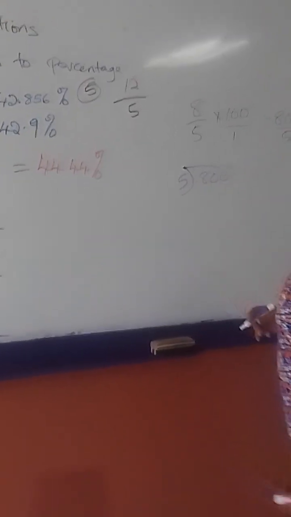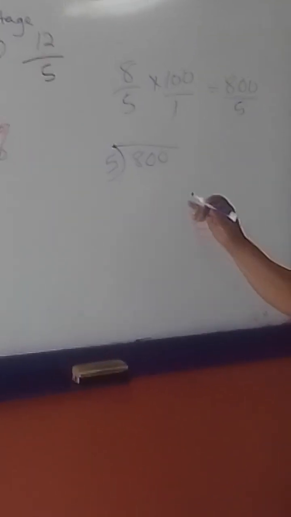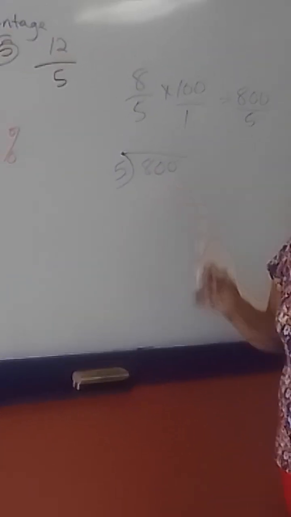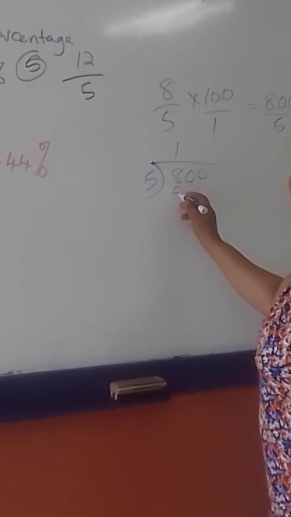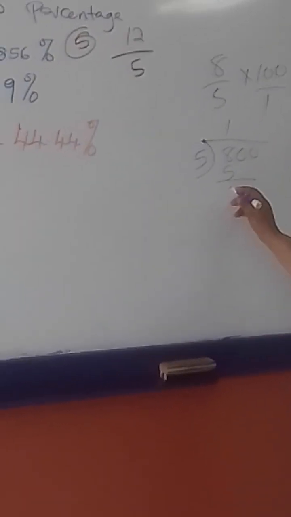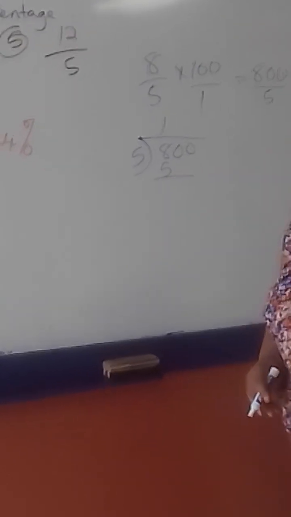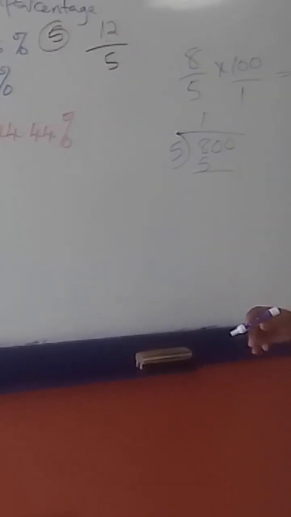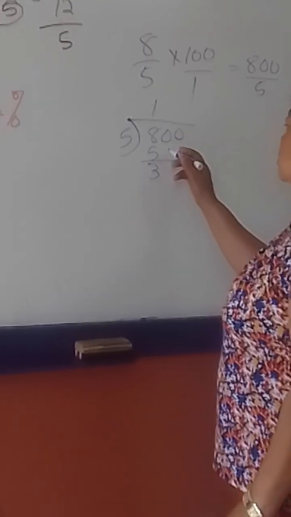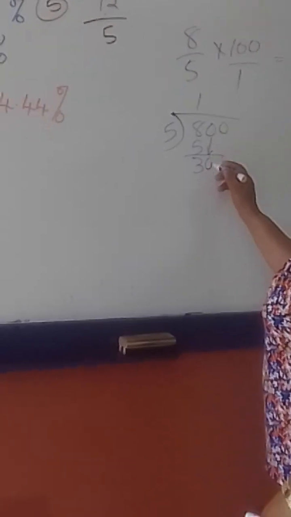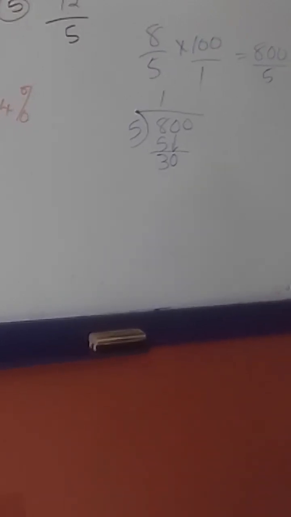800 divided by 5. Now can 5 go into 8? How many times? 5 can go into 8 one time, and that's 5. 8 take away 5, I'm left with 3. Now I'm going to bring down this 0, so I have 30.